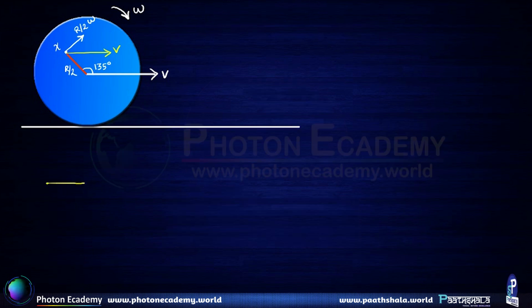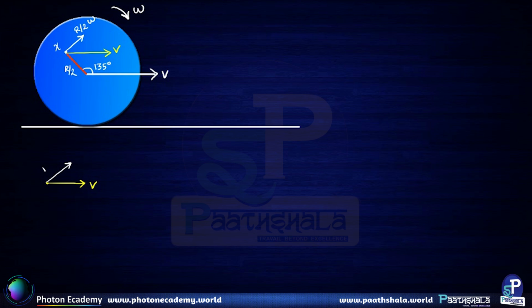Namely, this is the v velocity that is there in the rightward direction, and the second velocity is r by 2 omega that is in this particular direction. Now what about finding the angle? So this angle is required in order to perform vectorial addition.